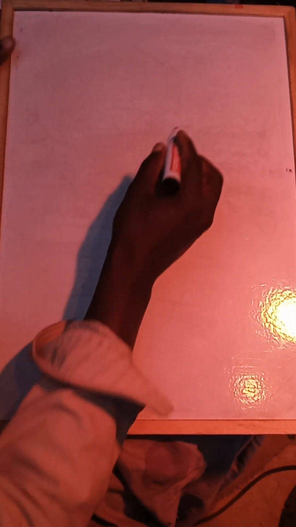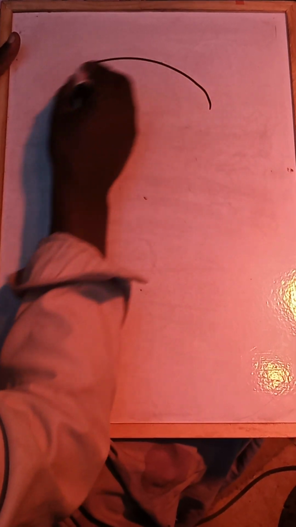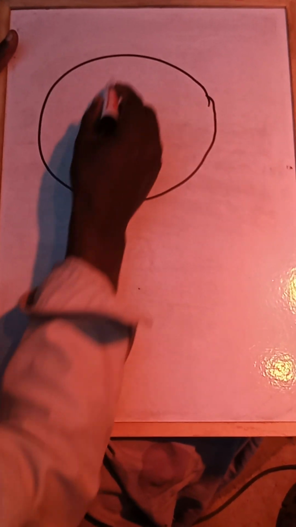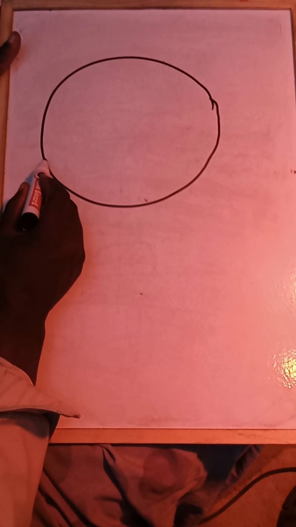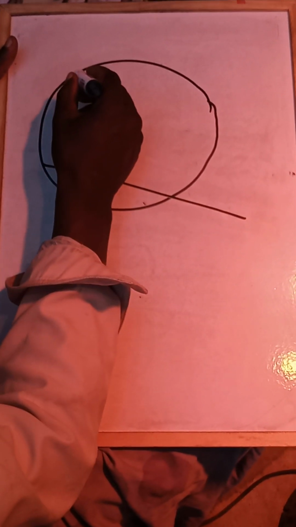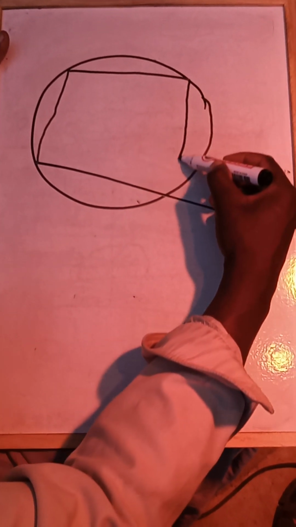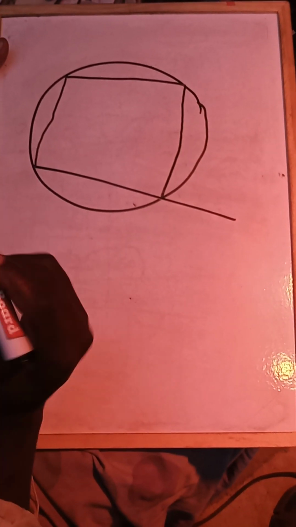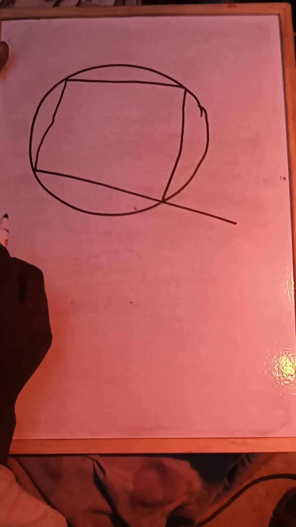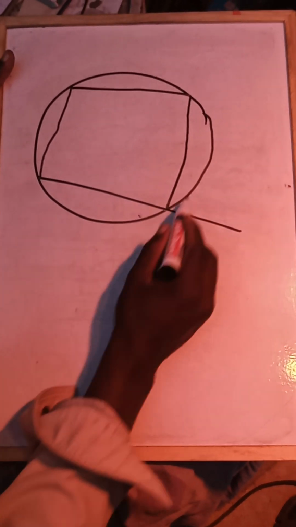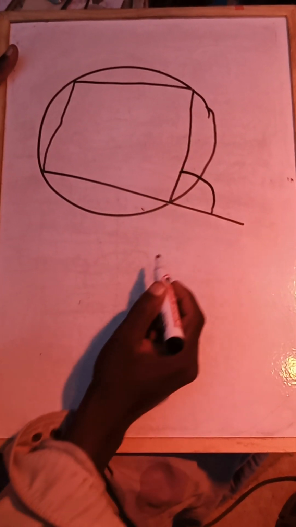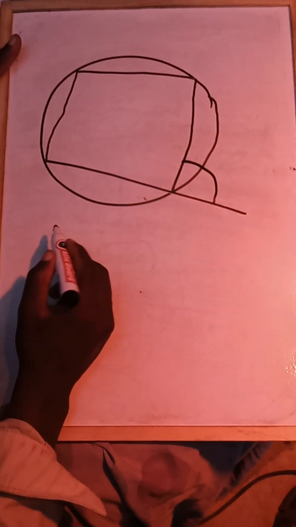I want to put one more example which can be considered as an exercise. Here it's a cyclic quadrilateral. The shape doesn't matter. What matters is all four corners of the quadrilateral touch the circumference.